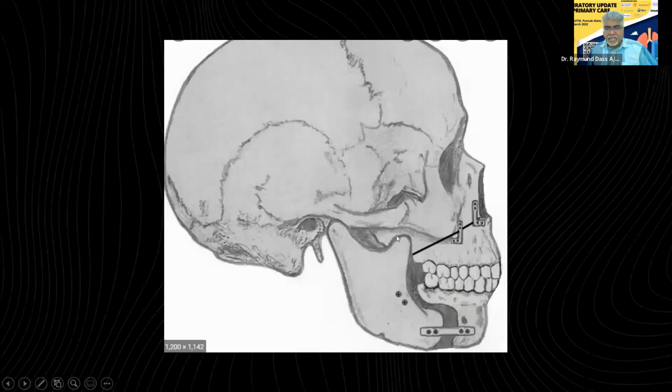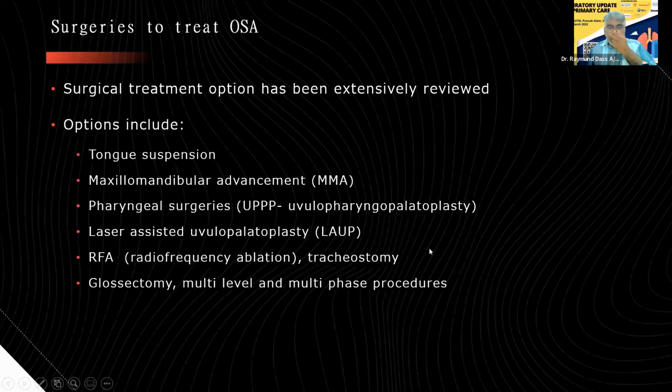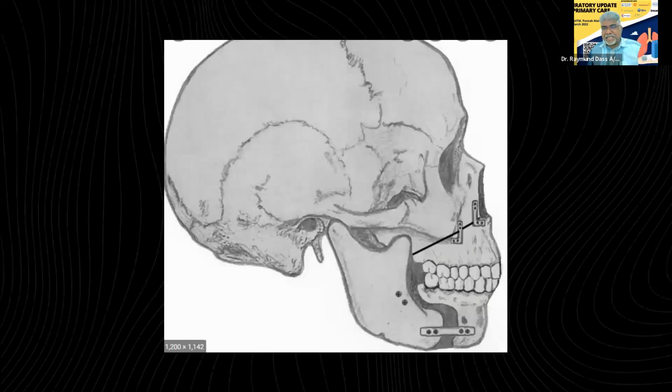This is our MMA, maxillomandibular advancement technique. They do an osteotomy, which means they break the jaw here and here, and then put an implant here just to create a space.